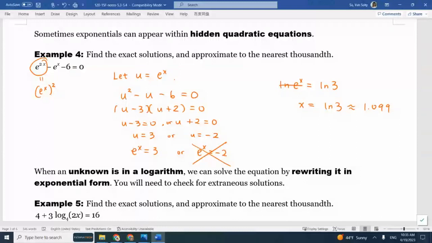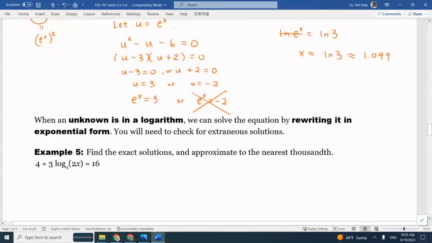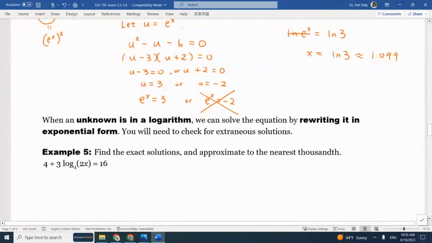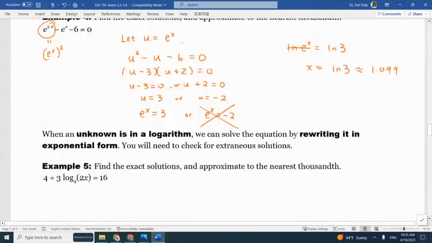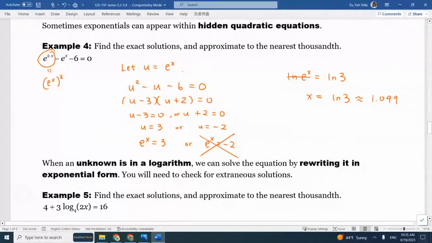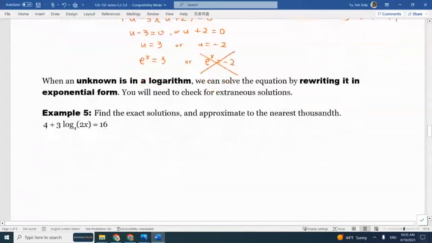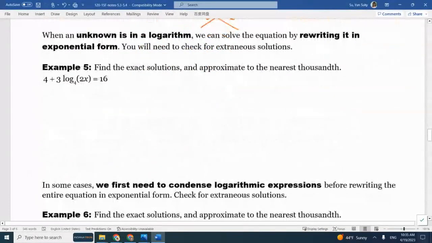Okay, everybody? Okay, good. So that is about equations involving an exponential function. You can isolate the exponential function and then apply log. Now let's look at equations involving a log.